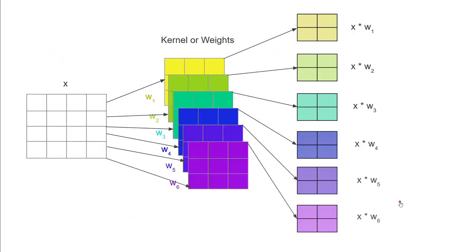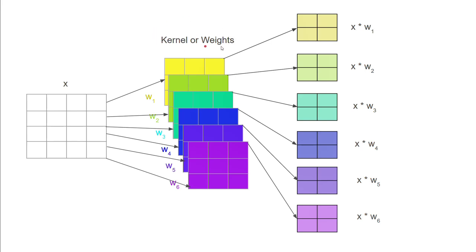Okay, the next. We can take this as an example. We have input, we have different kernels, we have weights w1, w2, w3. Suppose these are the orthogonal matrices. So for each of the inputs we need to have an orthogonal matrix.